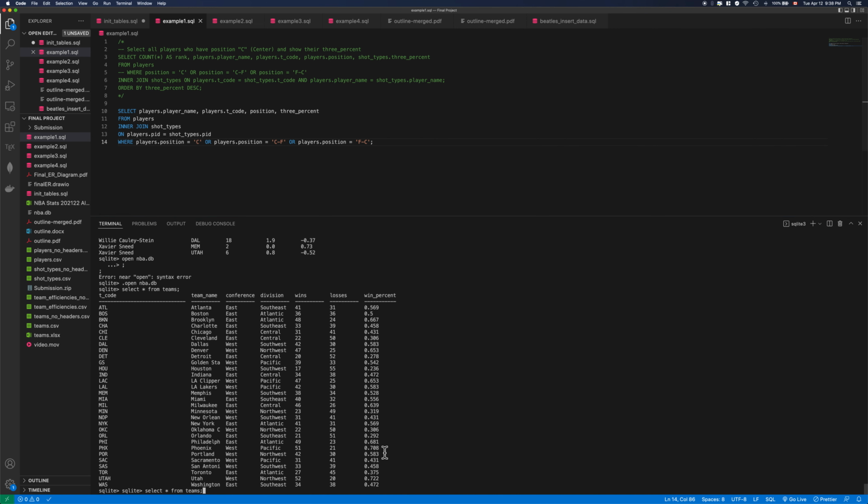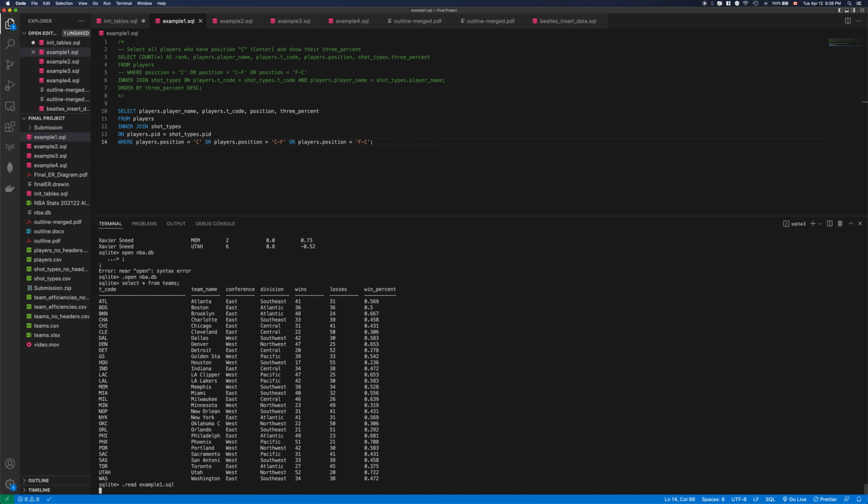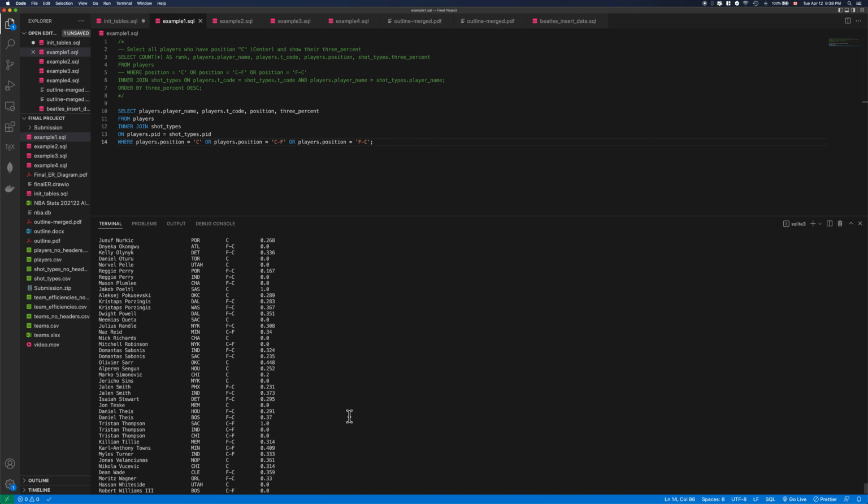All right, so I'll do dot read example one dot SQL. So this basically just goes over all players who play center and their 3% rate.